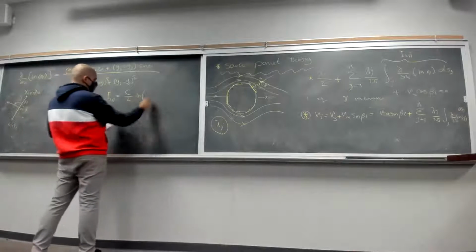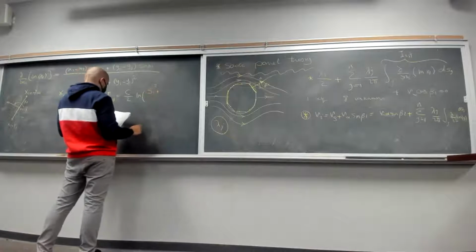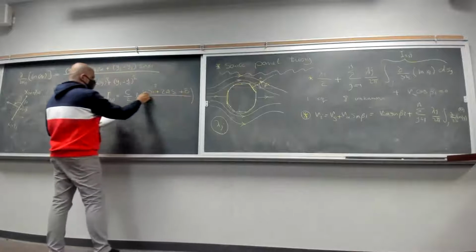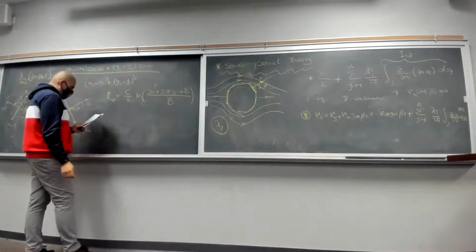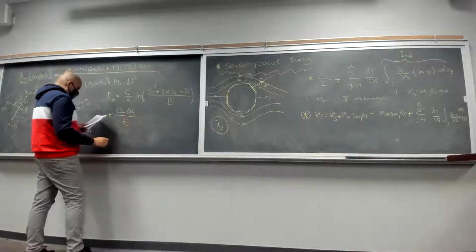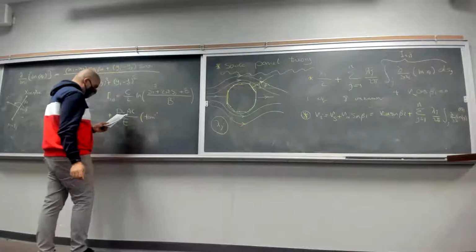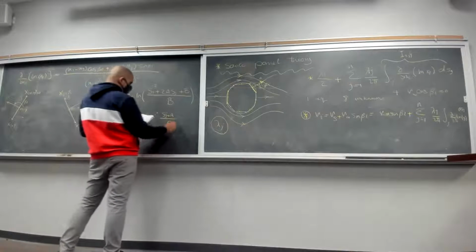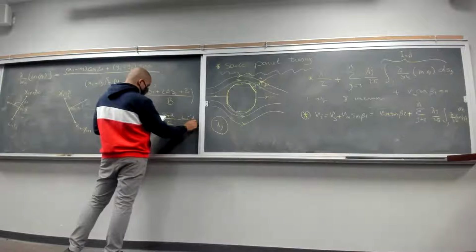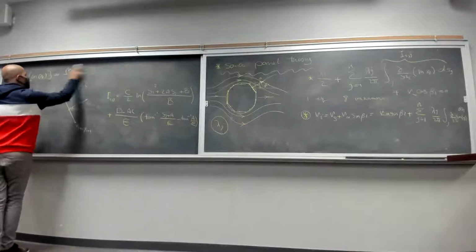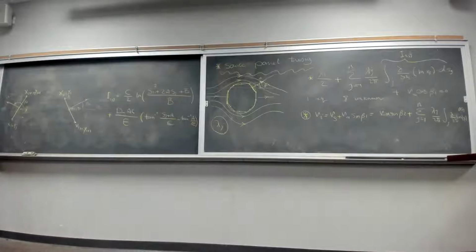C over 2 natural log of Sj squared plus 2a Sj plus b, divided by b, plus D minus AC divided by E, times inverse tangent of Sj plus a divided by E, minus inverse tangent of a divided by E. Sj is going to be the length of your panel, the length of the jth panel. This is Sj.